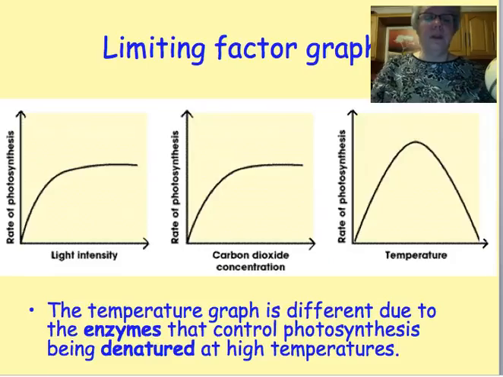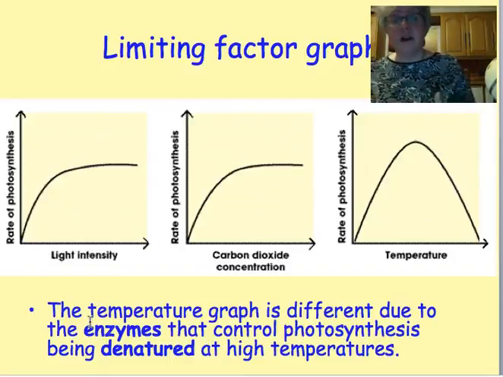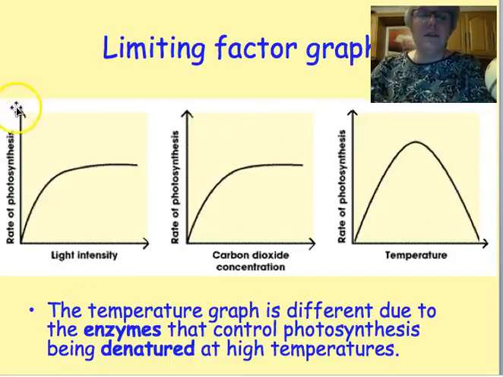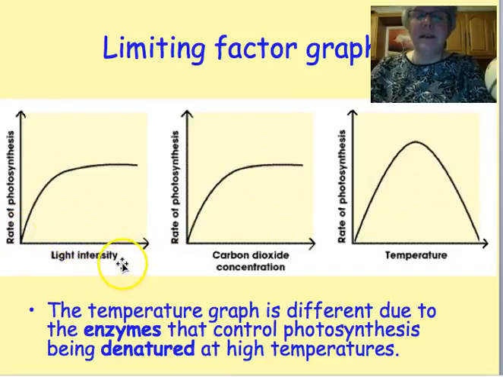So if we have a little recap of some of these limiting factors graphs, on this graph, you'll see light intensity is the limiting factor on this part of the slope. After that, as it evens off, it will be something else, carbon dioxide concentration or temperature.